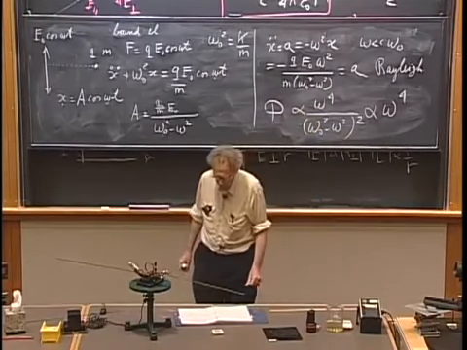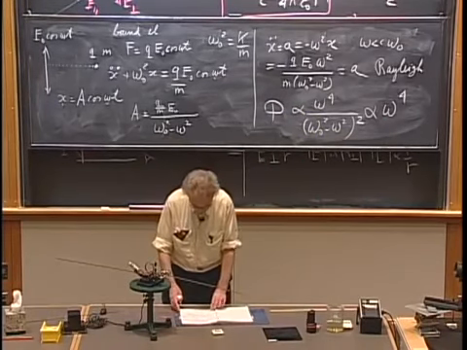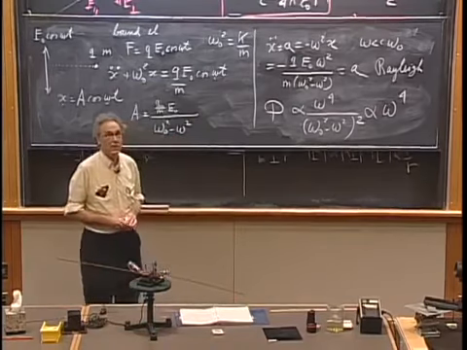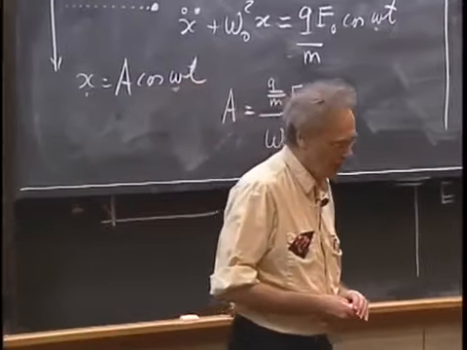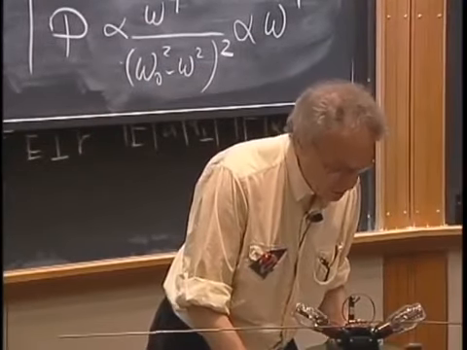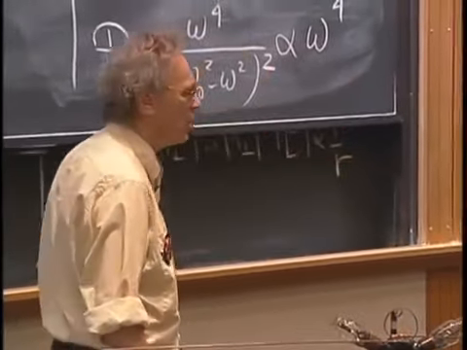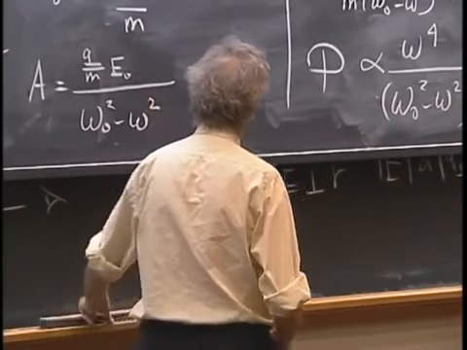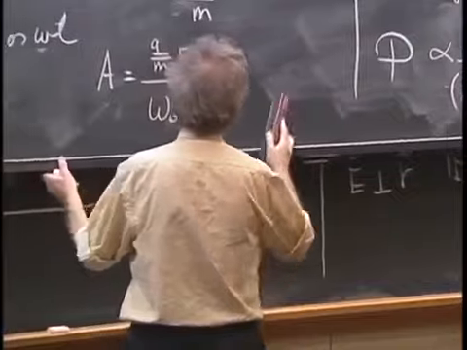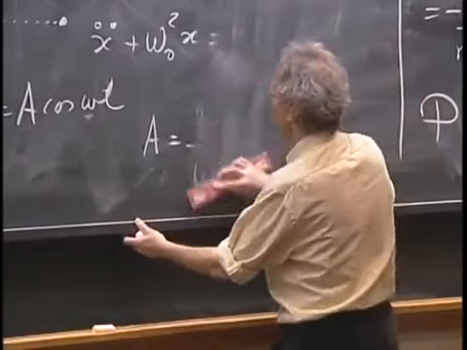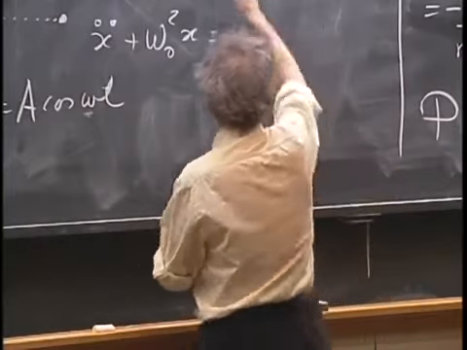And what that tells you then is that blue light has a way higher probability to be scattered by moving electrons than red light, because the frequency of blue light is substantially larger than the frequency of red light. So let me show you what the difference is in frequency.